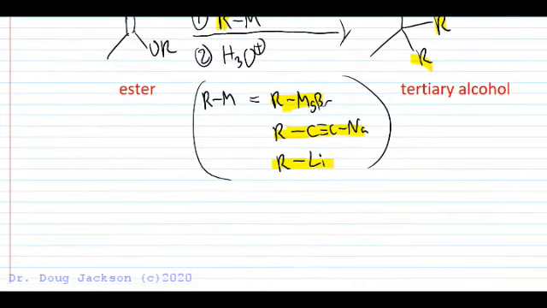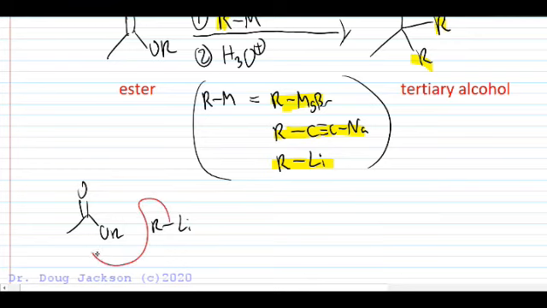If we show the organolithium mechanism, it's a very polar bond. It resembles a carbanion. You could show it as an R-, that's fine, but you'll make a tetrahedral intermediate irreversibly because we have a new carbon-carbon bond.